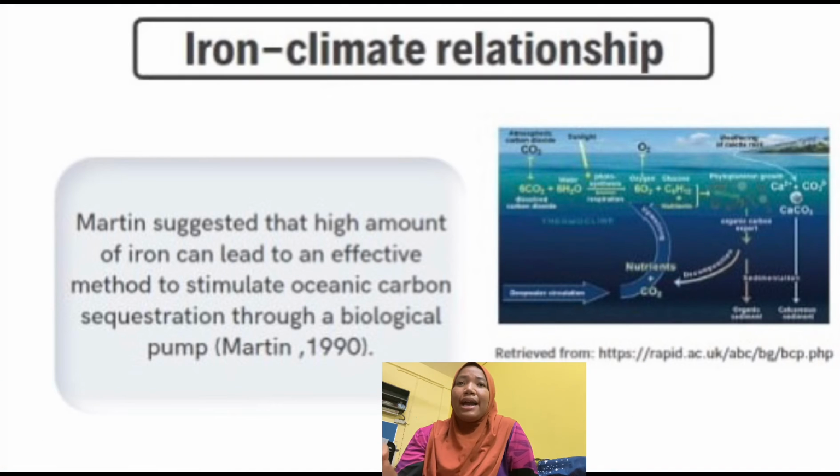So actually, iron and climate change have a relationship, where Martin proposed that high iron levels could be an effective way to stimulate oceanic carbon sequestration via the biological pump, as iron acts as a stimulant, causing phytoplankton to bloom. Because phytoplankton consumes so much carbon dioxide during the photosynthesis process, atmospheric carbon dioxide levels fall.